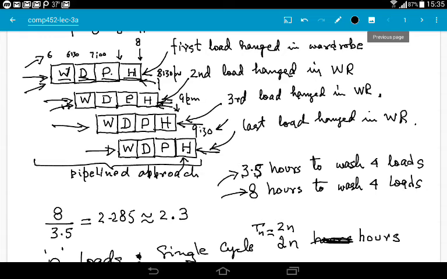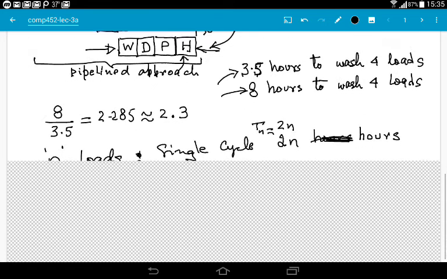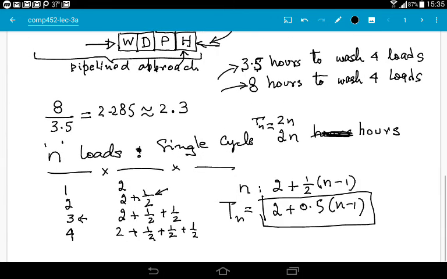But what we are doing here is overlapping the operations, keeping the pipeline busy all the time, and because of that, after the first load is complete at 8 p.m., every half hour one more load is completed and it is hung in the wardrobe. So this is the advantage of the pipelined approach.